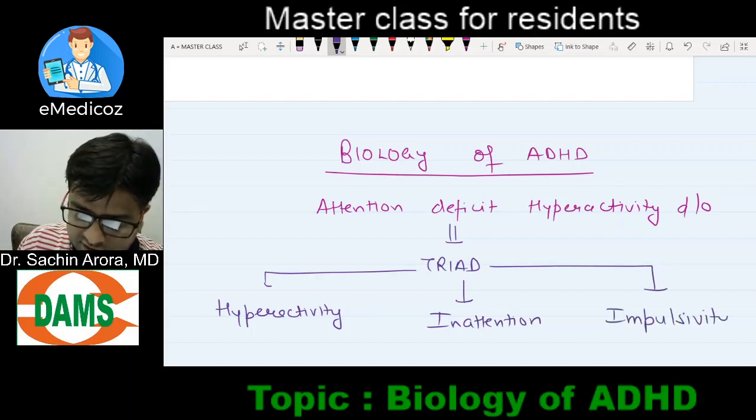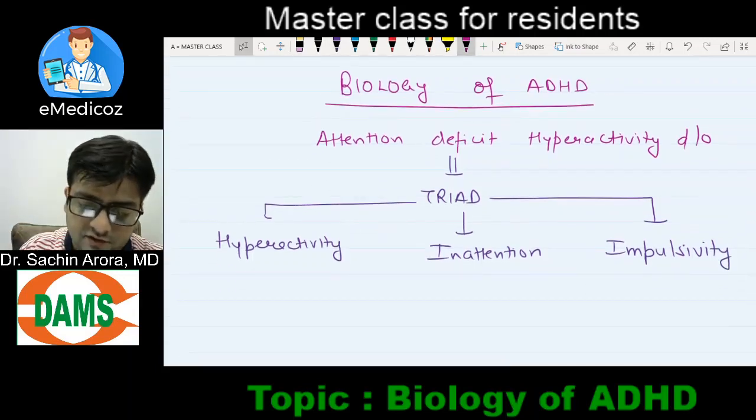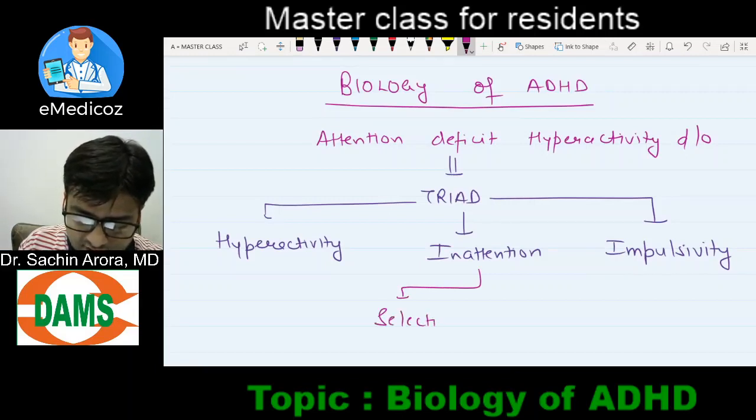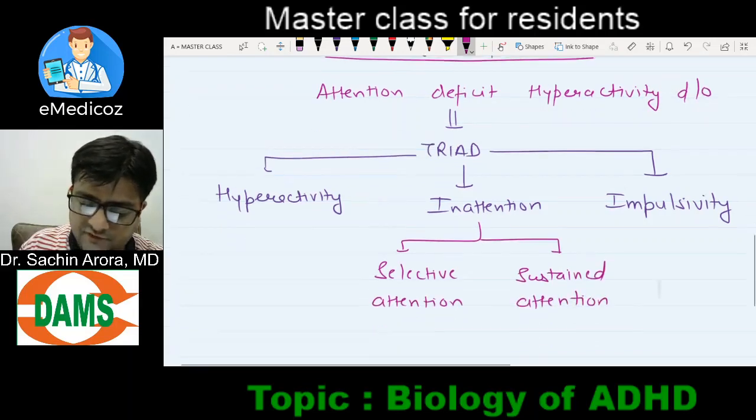Now, this is what you know as an undergraduate student. Taking you further, inattention is again selective attention, sustained attention, and problem solving.